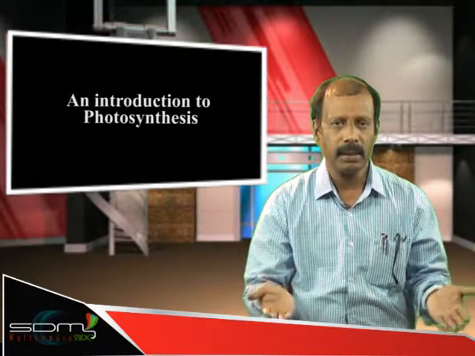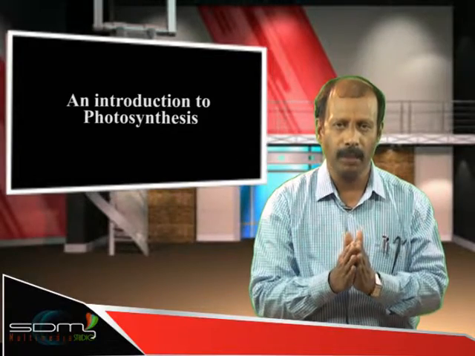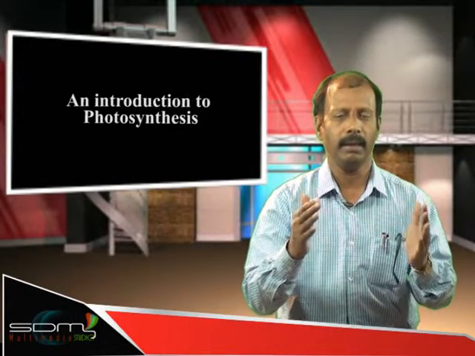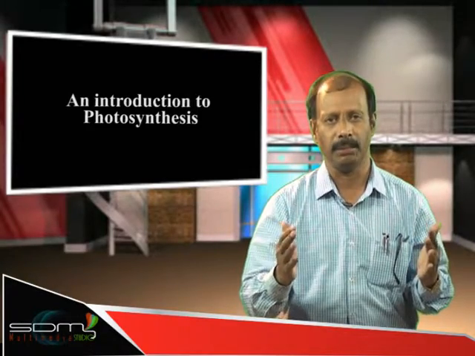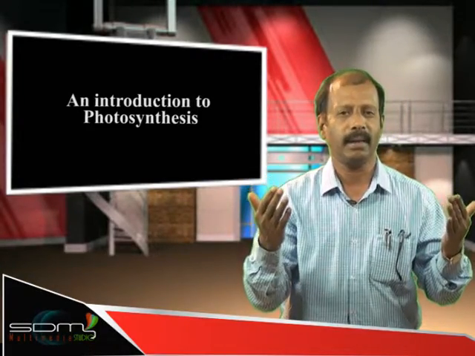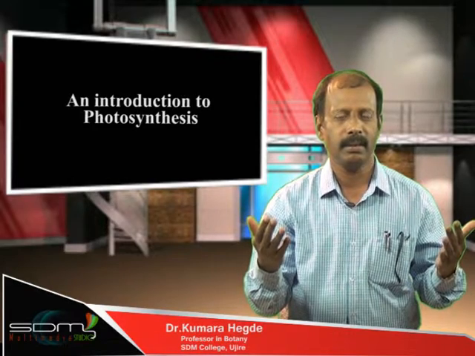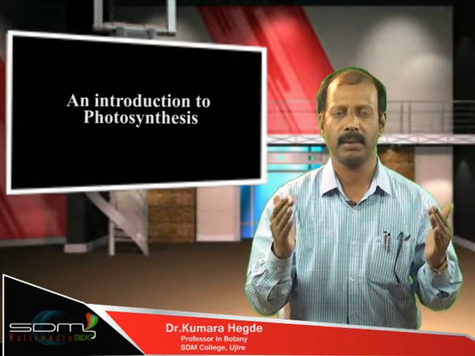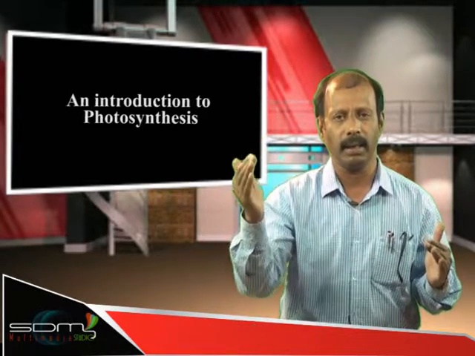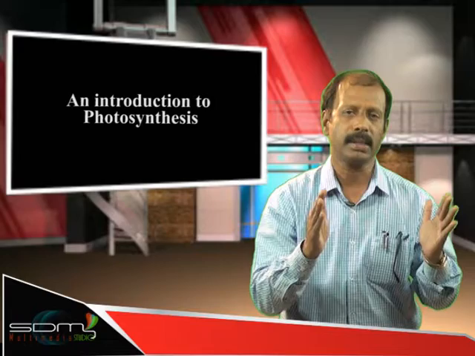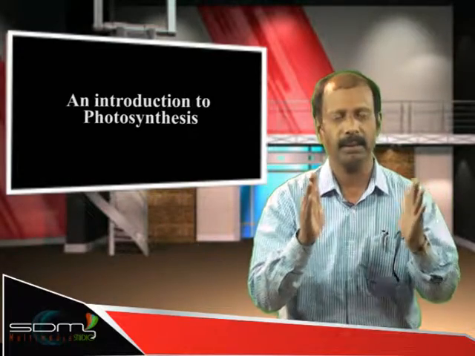The electrons released from photosystem 1 travel, and they may or may not come back to the original position. Depending upon the travel of the electrons, we can consider 2 types of pathways. The first is called non-cyclic electron transport, and the second is cyclic electron transport.